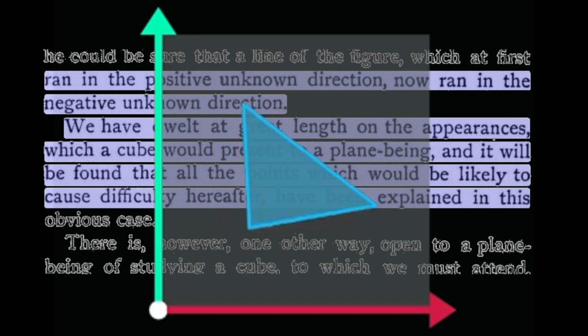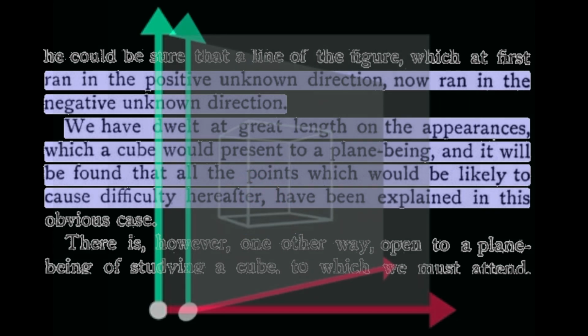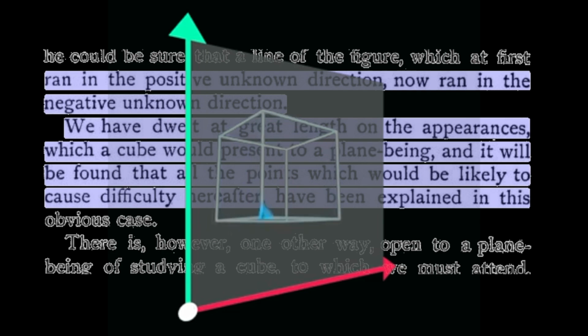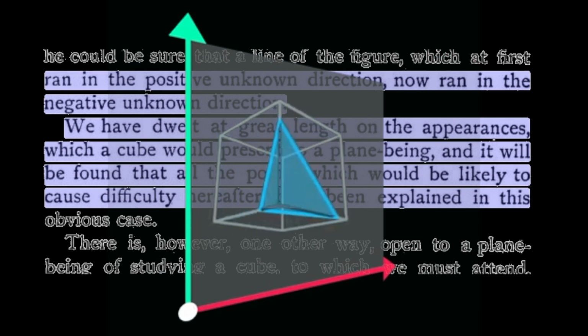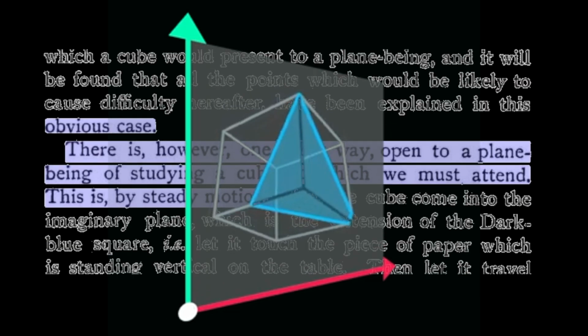We have dwelt at great length on the appearances which a cube would present to a plane being, and it will be found that all the points which would be likely to cause difficulty hereafter have been explained in this obvious case. There is, however, one other way, open to a plane being of studying a cube, to which we must attend.